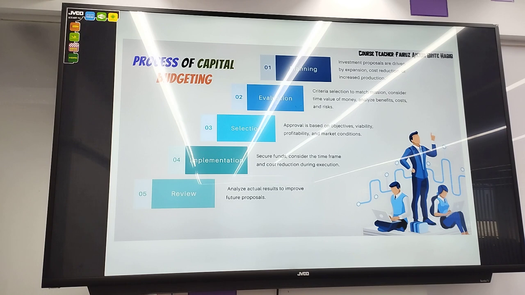Basically, the initial step involved in budgeting is to identify investment opportunities and create a proposal for them. First, you have to identify where I would invest my money, then create the proposal for the same. This project needs to be based on high return so that management can approve it on the basis of profitability.